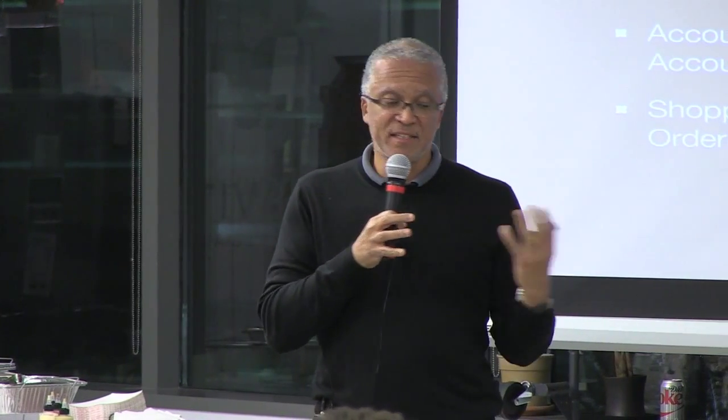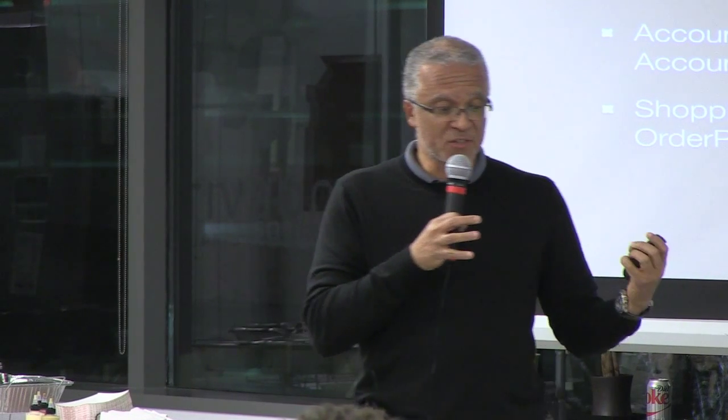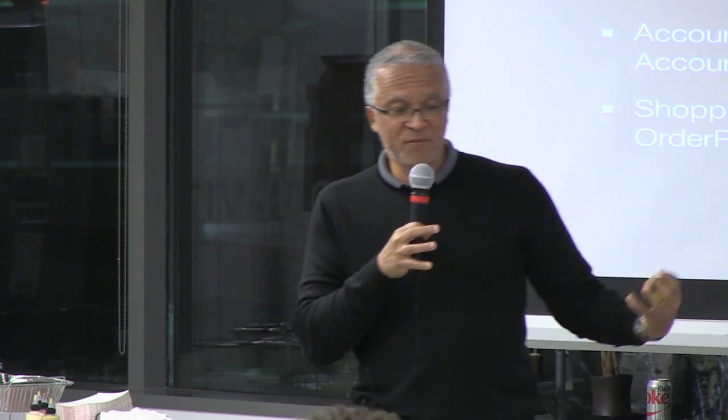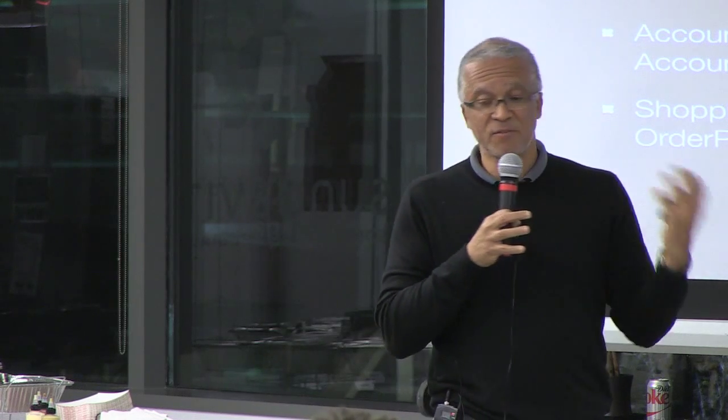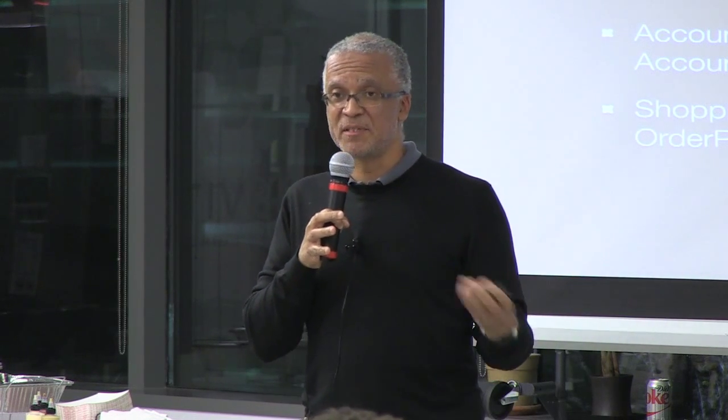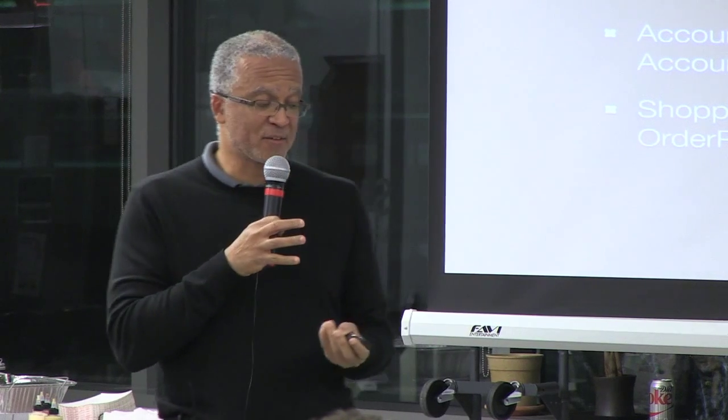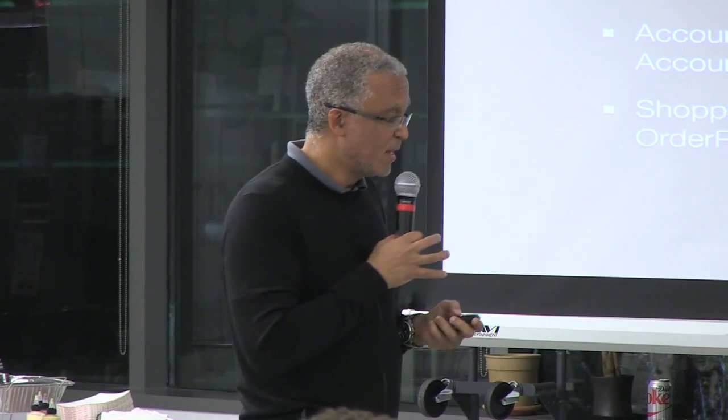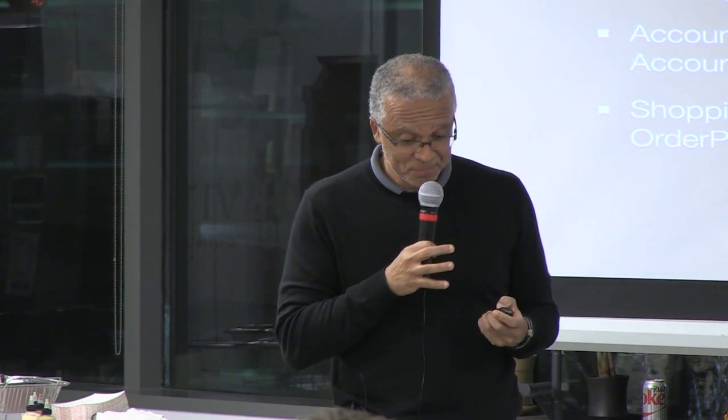The big idea is for each aggregate, for each key entity in your system, you identify the state-changing events, the domain events, and you define explicit event classes. So for an account, it would be account opened, account debited, account credited, and so on. So we treat domain events as first-class citizens in our domain model.